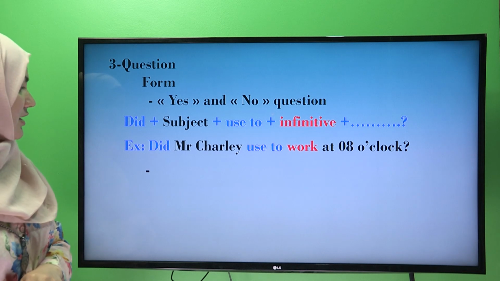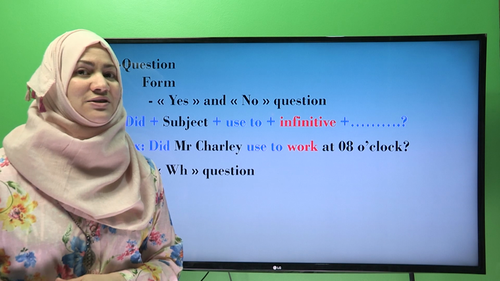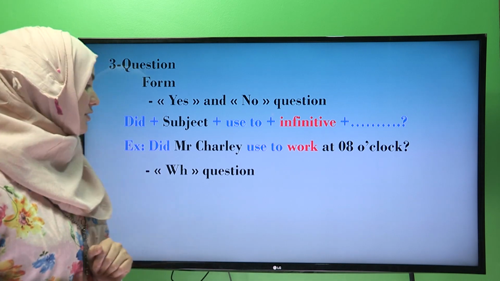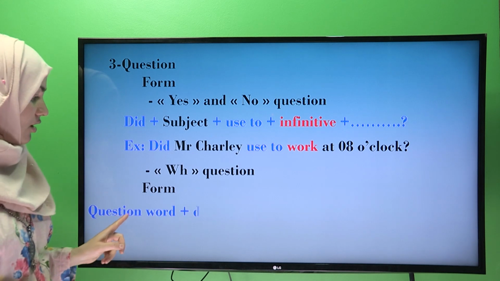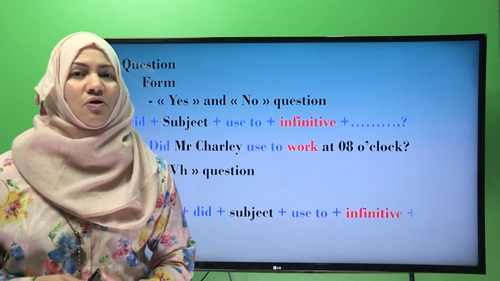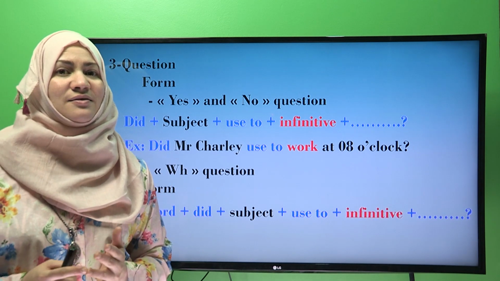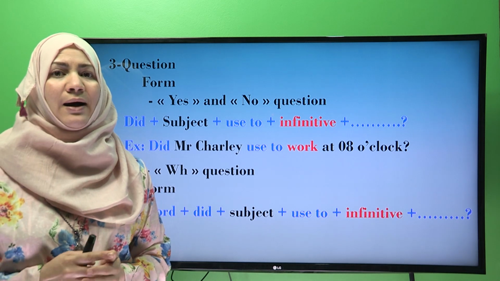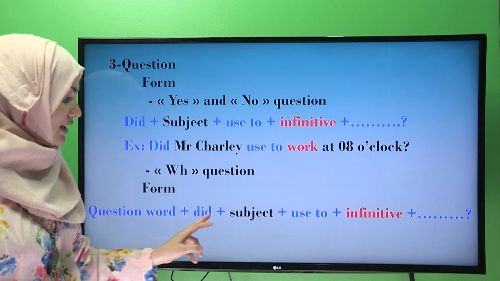The second point is about WH questions. Of course, here we have to use a question word. Let's see together the form. As I have explained before, my students, the question words are what, when, where, who, why, how. Question word plus did.